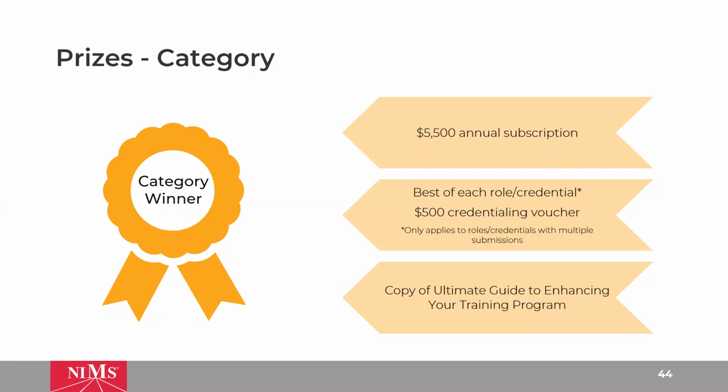So for those categories where we have multiple submissions, we will be doing a best of each credential. So the winner of that particular role will get a $500 credentialing voucher that can be applied at any time throughout the coming year.